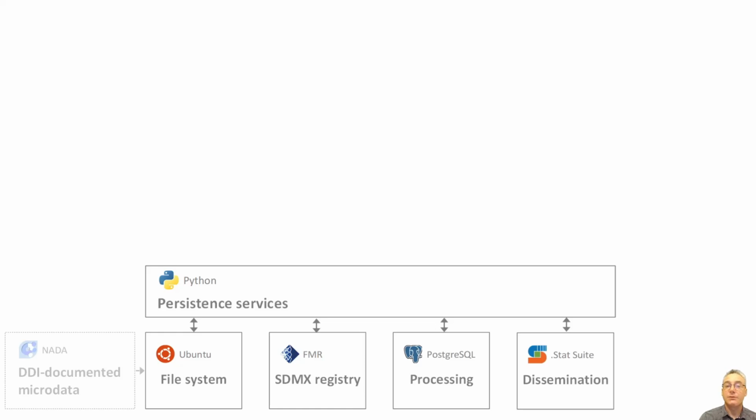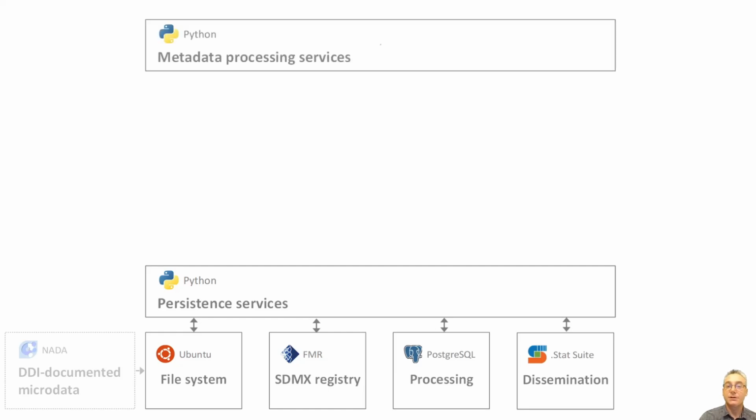While it plays a role in providing Microdata repositories on the web, its operation is outside the scope of this demonstration. To facilitate the required operations for metadata-driven processes, some sample metadata processing services for handling DDI and SDMX metadata have also been developed in Python.